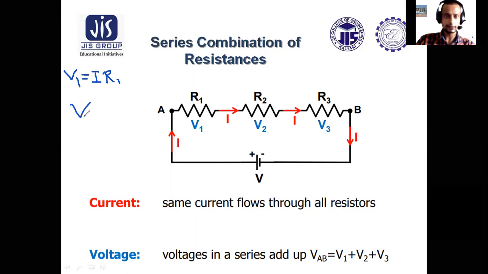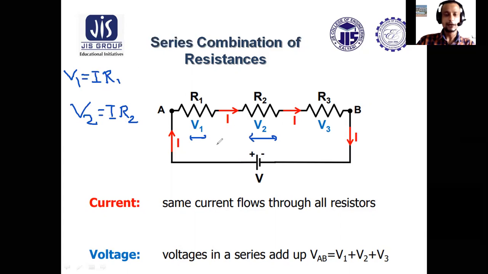V2 can be written as I into R2. Likewise. Now, as R1 and R2, these two are different, so V1 and V2 should have been different. So voltage across each series connected element may not be same.